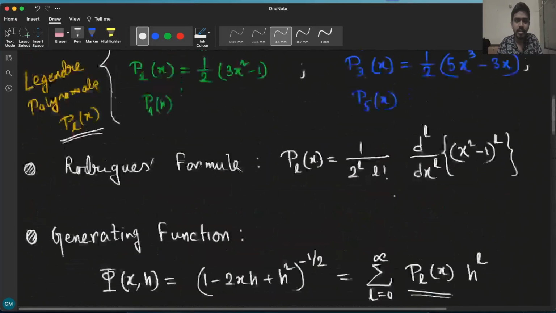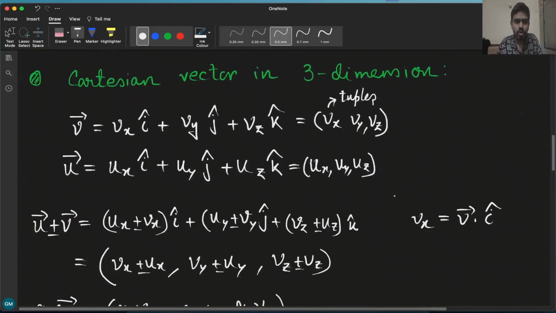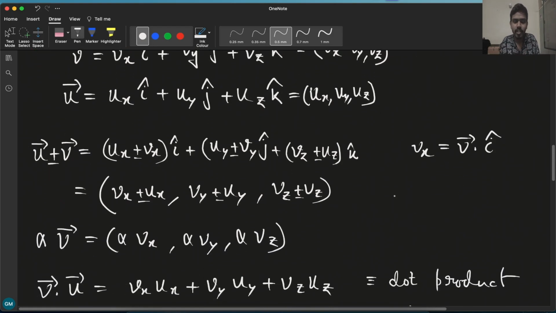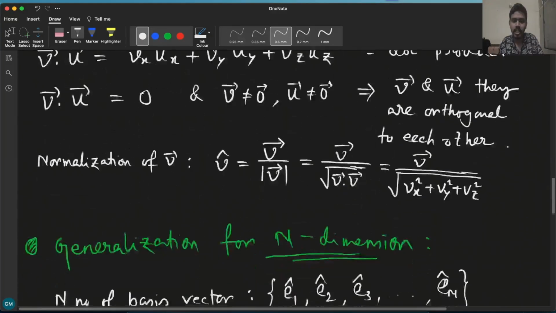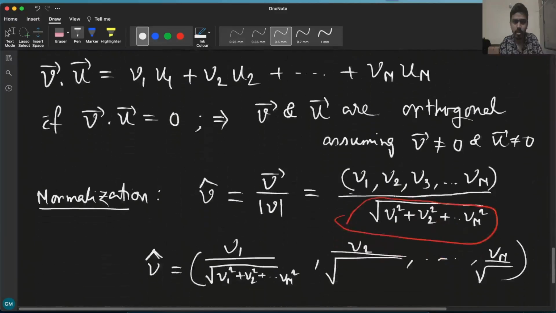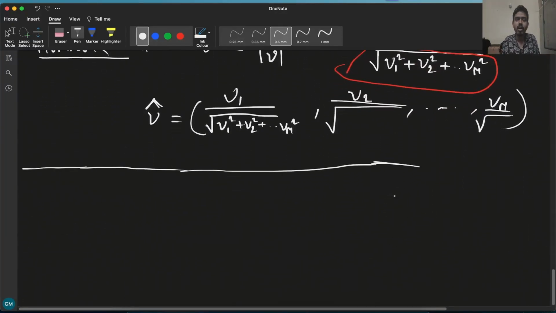So here what we did is we took the idea of the algebra from 3-dimensional Cartesian vectors, not the directionality, and then we generalized it for n-dimensional vectors. But these are still Cartesian vectors. Okay, but what about functions?